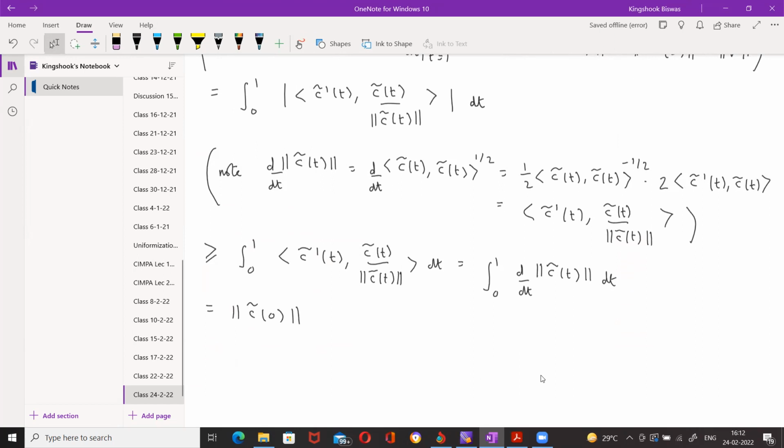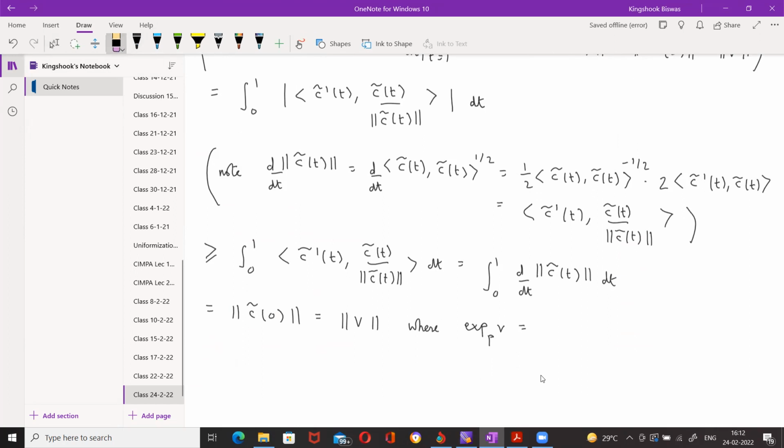Which is equal to the norm of V, where exp_p V is equal to, sorry, not C tilde 0, C tilde 1.